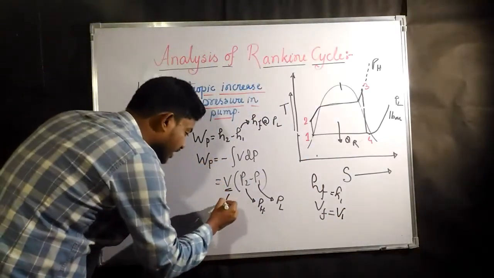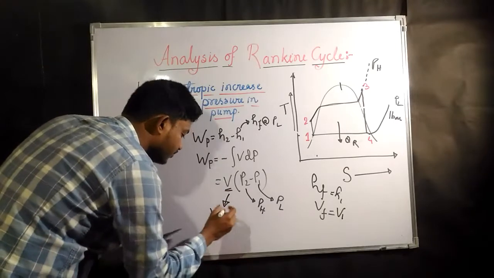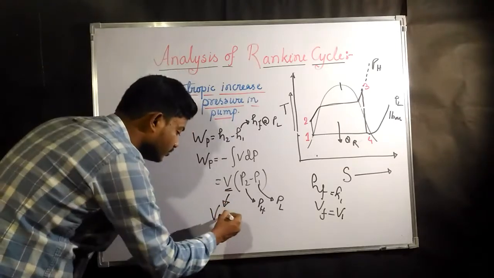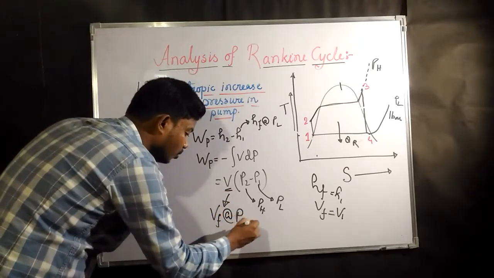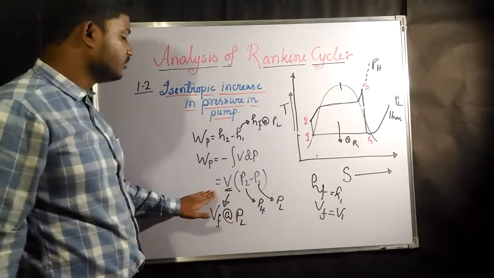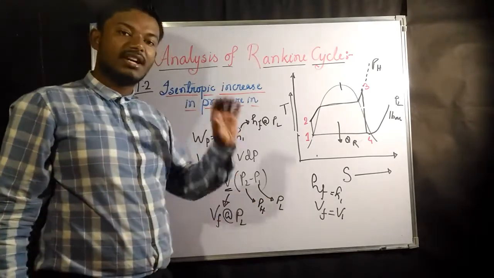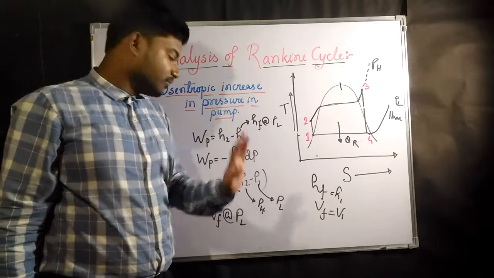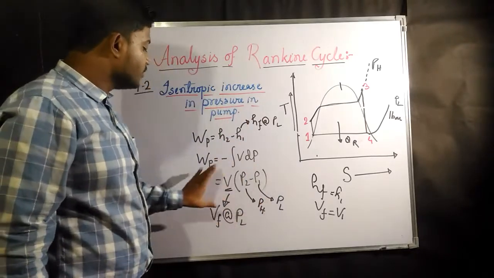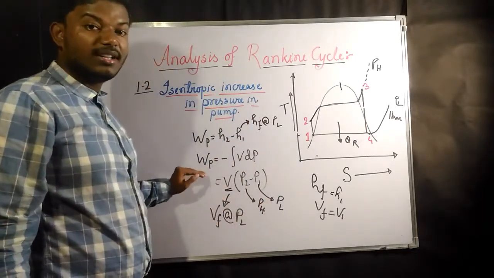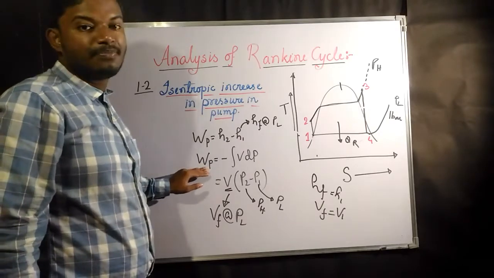So V would be the specific volume of the fluid at the lower pressure. Pressure 2 and pressure 1 are generally given in all the cases. In this way we can find out the work done by the pump.